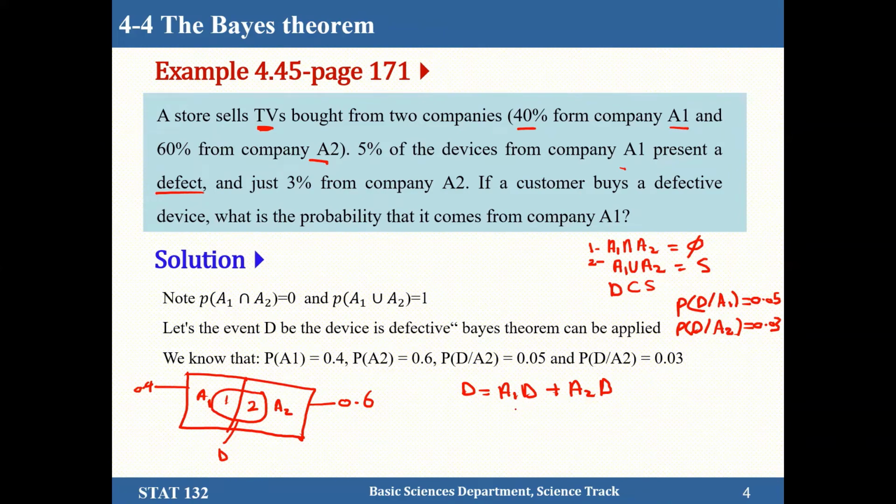P of D equals P of A1D plus P of A2D. P of A1D means P of A1 multiplied by P of D given A1, plus P of A2 multiplied by P of D given A2.